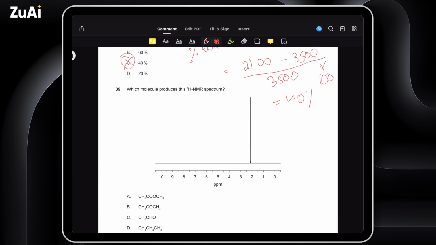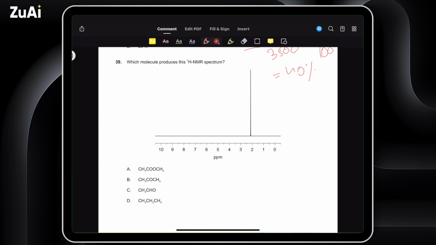Which molecule produces this proton NMR? It has only one peak. You can see the chemical shift of the ketone.